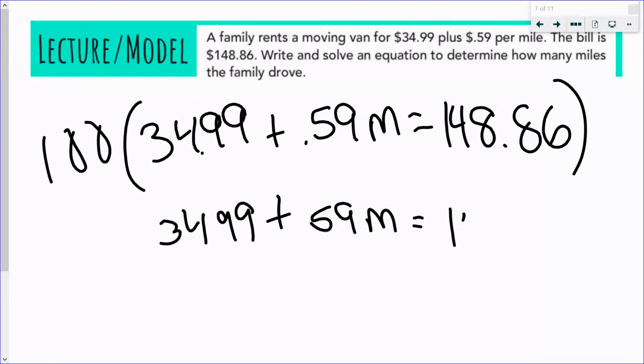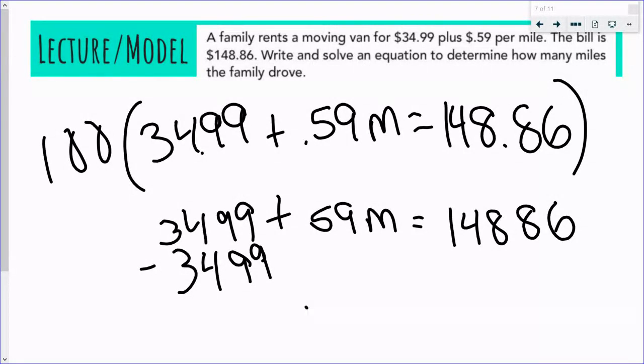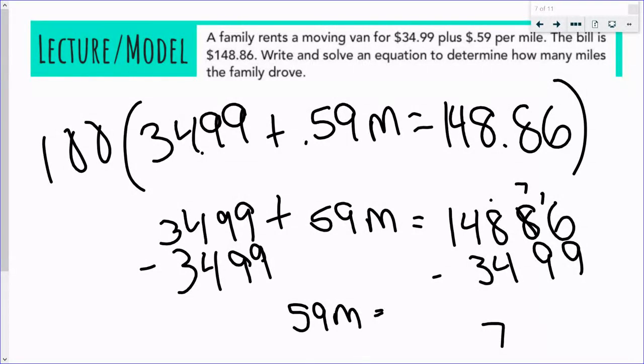Not a requirement, but something to think about. All right, so now I am going to work to solve this equation. I'm going to subtract 3499 from both sides, and I'm left with 59m equals 11387.